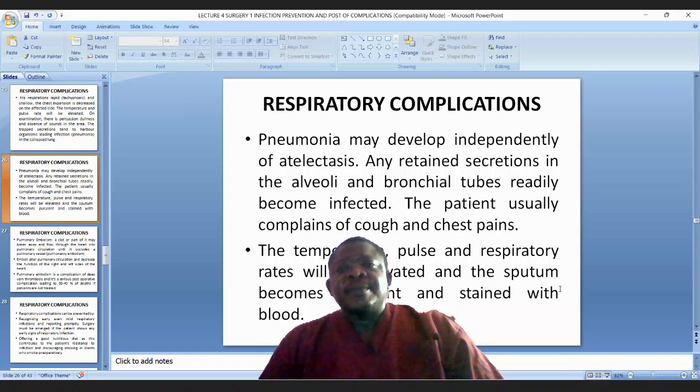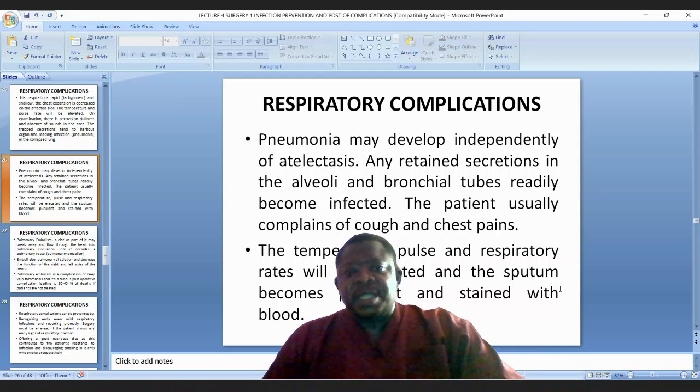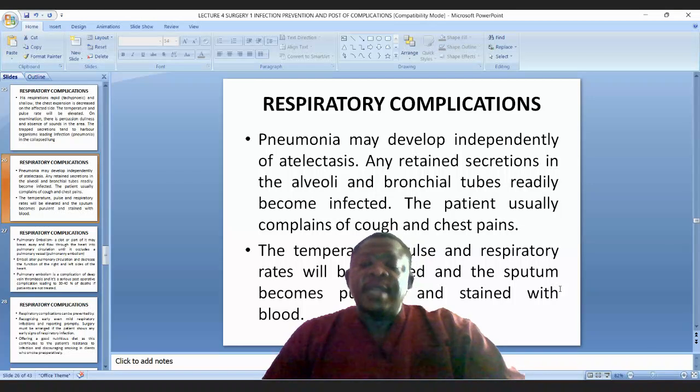Pneumonia, okay, may also develop independently of atelectasis. Any retained secretions in the alveoli and the bronchial tubes readily become infected. The patient usually complains of cough and chest pains.